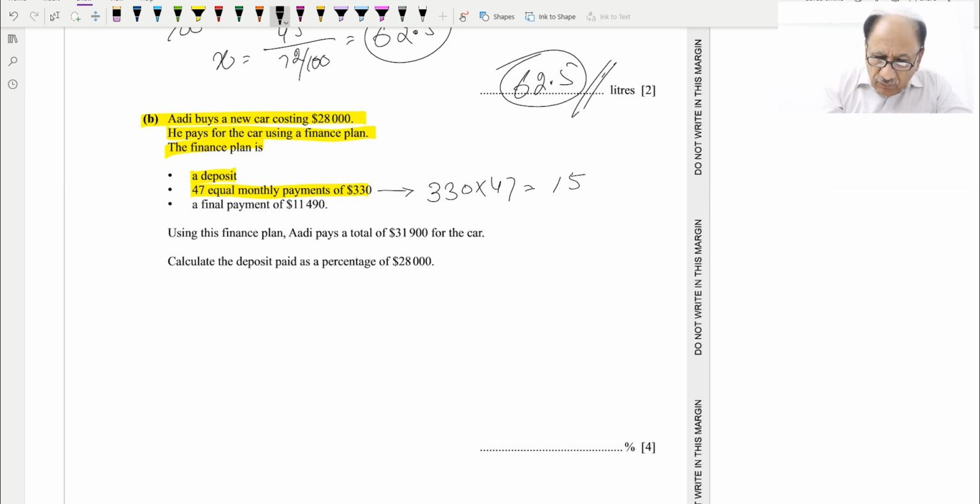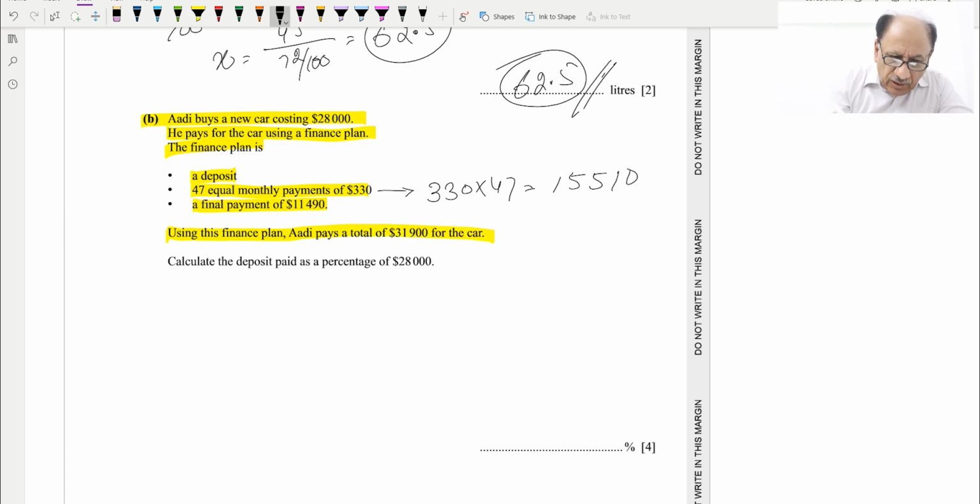So 15510 dollars, and then a final payment of this much. So we will be adding this. They are saying that using this finance plan, Eddie pays a total of this much.